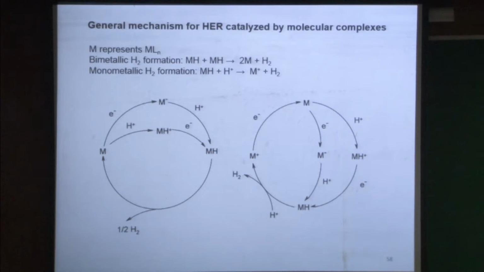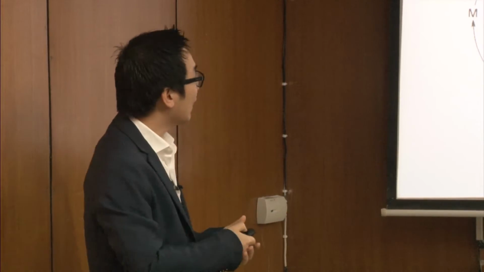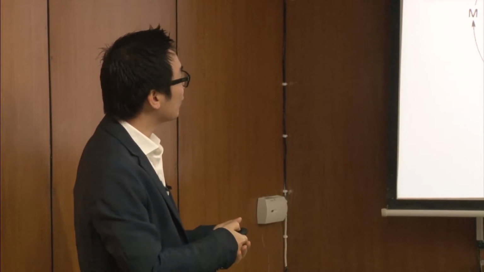The other possibility is that this hydrogen ligand behaves as H minus. That's what we normally consider in organometallic chemistry. If this is H minus, it will be protonated by a proton to make hydrogen, right? H minus plus proton. And in this process, to keep the charge neutral, this species now has a plus charge.